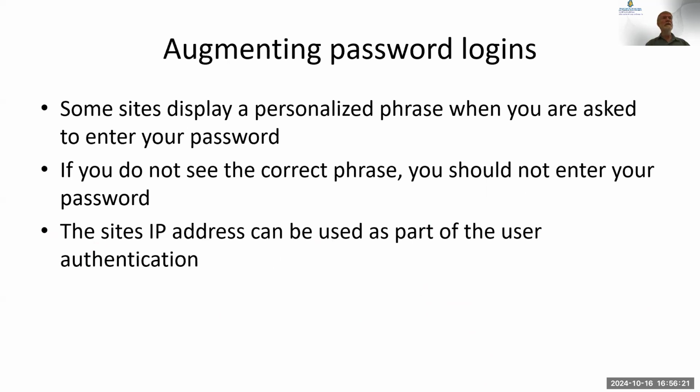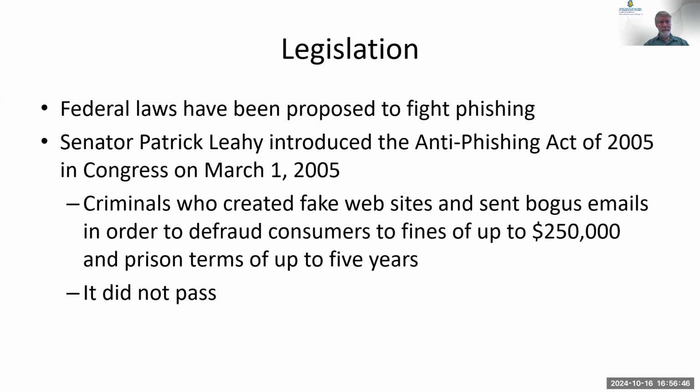If you don't see the right phrase, then you shouldn't log in. So you give it the user ID, it gives you your personal phrase, and if you see that, then you give it the password. That way, if somebody has a fake website, you send your user ID, they will not know what phrase to send to you. Of course, if they know your user ID, they can go to the website and find out what the phrase is. But that's okay. This is something.